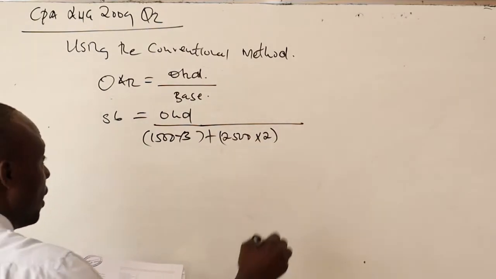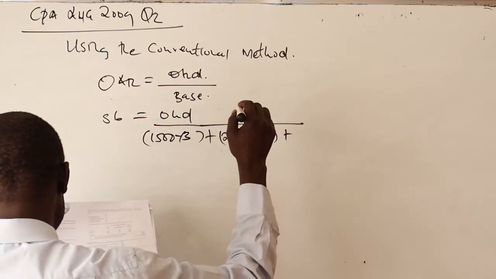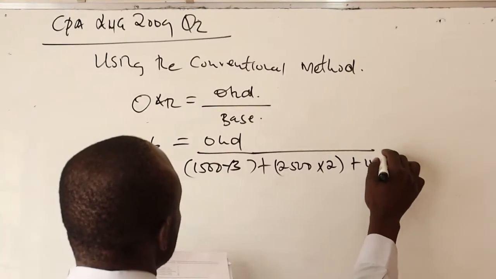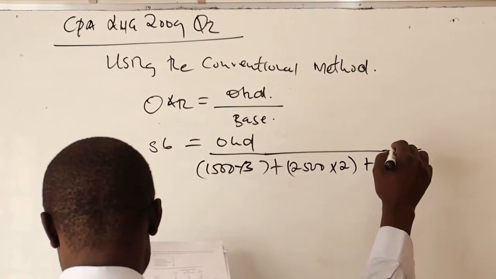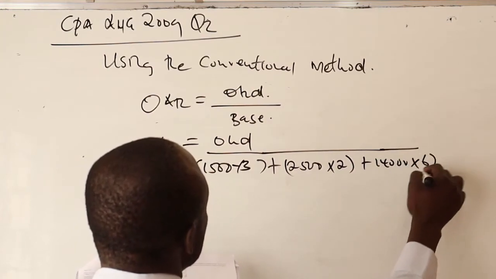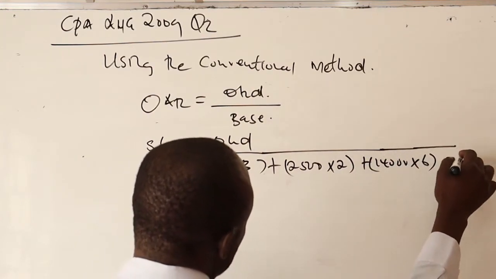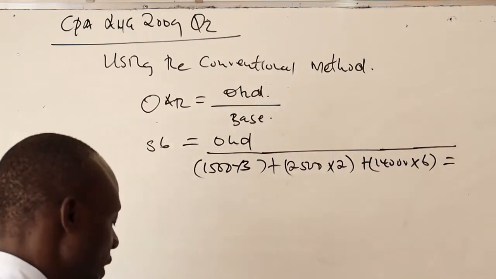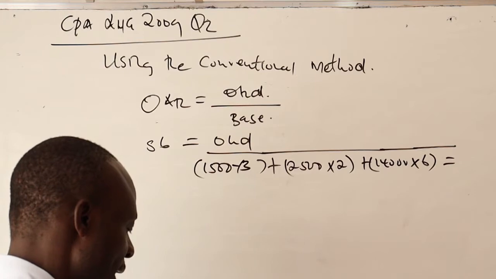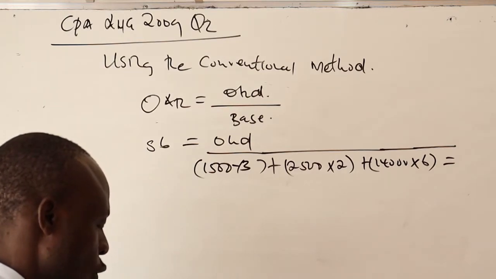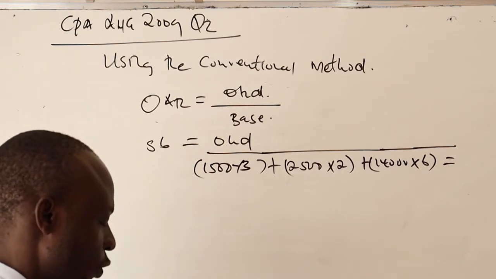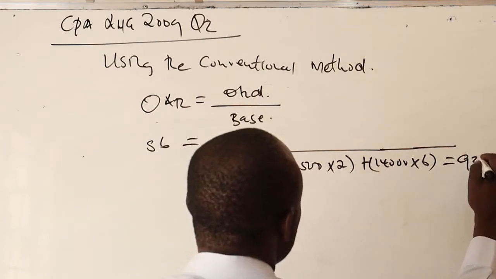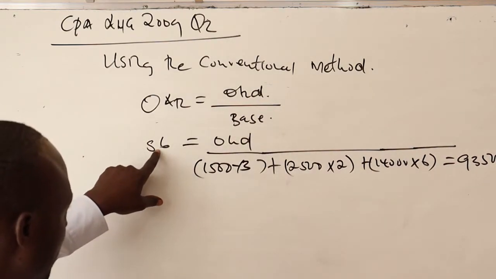These are given, plus 14,000 times 6. When you do this, we get the total machine hours. It will be 1500 times 3 plus 2,500 times 2 plus 14,000 times 6. So this is 93,500.